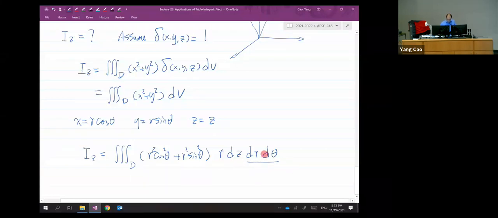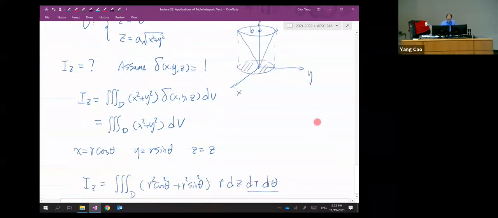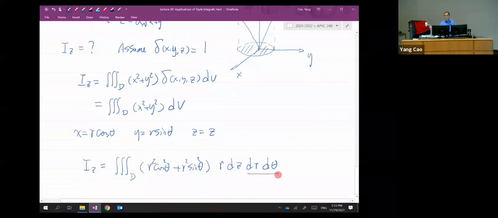In particular for r and theta, because it's cylindrical, I need to obtain the shadow of this cone, or the region D, or the solid, in the xy plane. We need the shadow to figure out the r limits and the theta limits.